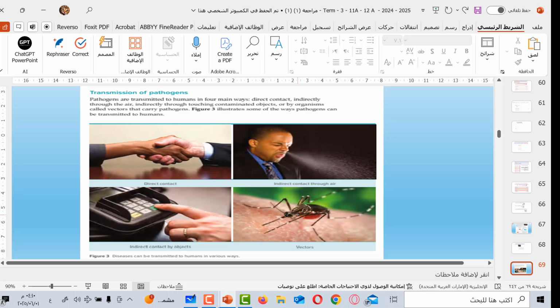If the contact is directly with the survivor, it will be direct contact. But if someone sneezes or coughs anywhere, and this sneeze drops on some object like a table or the handle of a door, and you come and touch it after him, this is indirect contact.